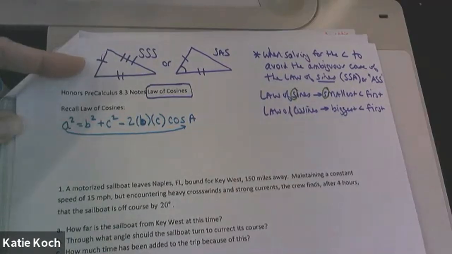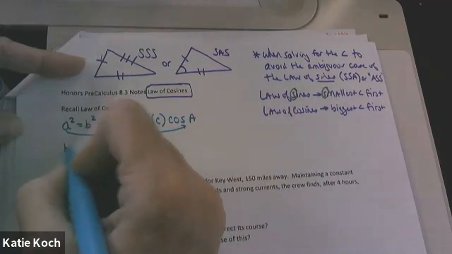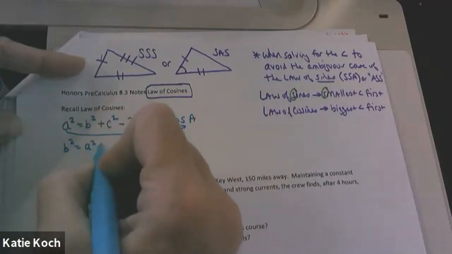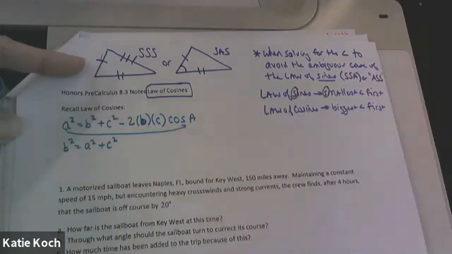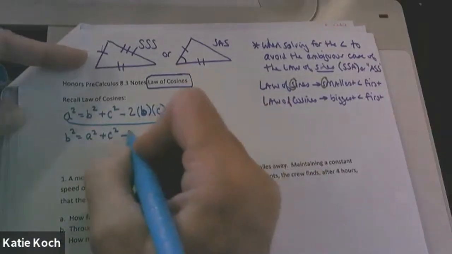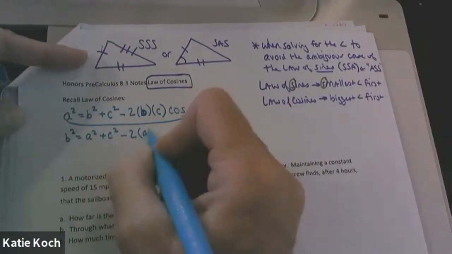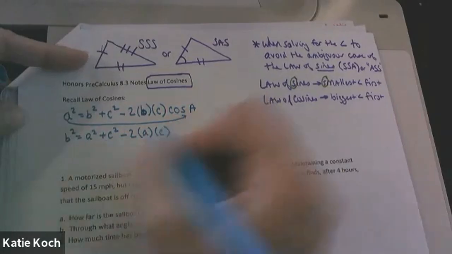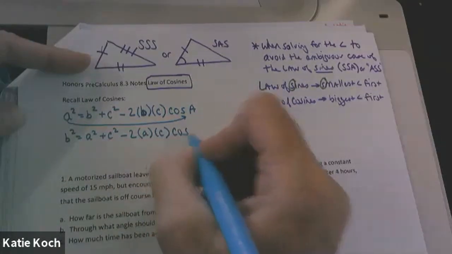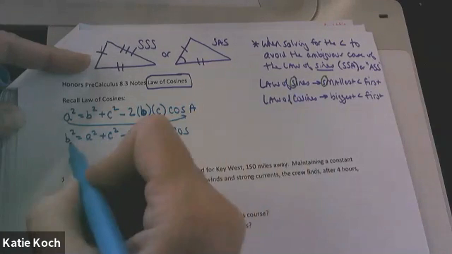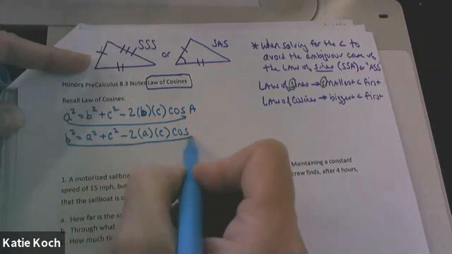Or, what if we're solving for side b? Well, then it would be b squared equals a squared plus c squared, but this time minus double the a times the c times the cosine of the angle across from the side that we started with.